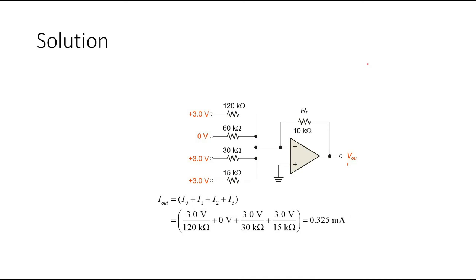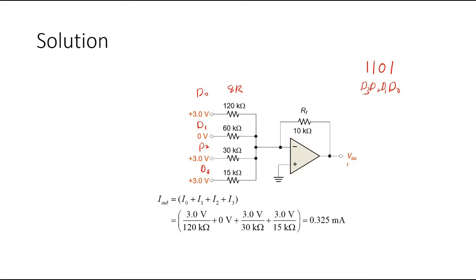We have 1101. This is D0, D1, D2, and D3. Here we have the binary weight for 8R. So this is D0, D1, D2, and D3. So our circuit becomes like this.